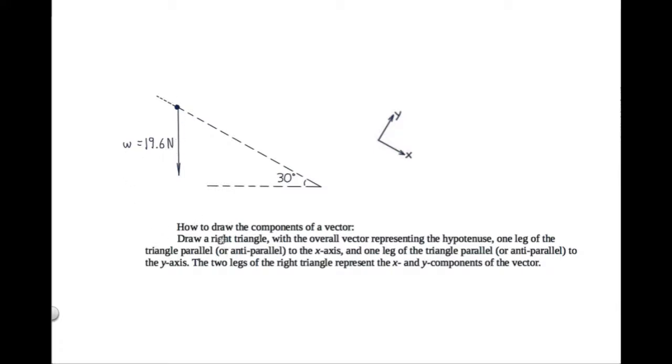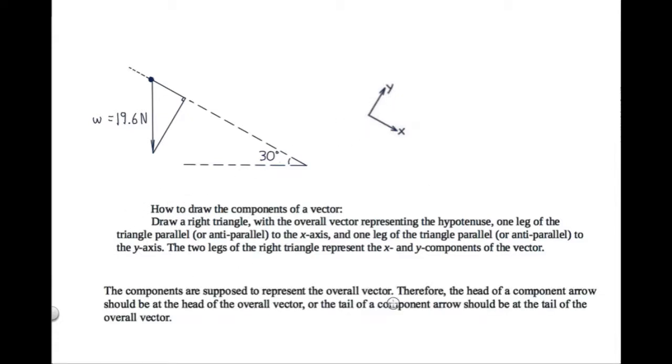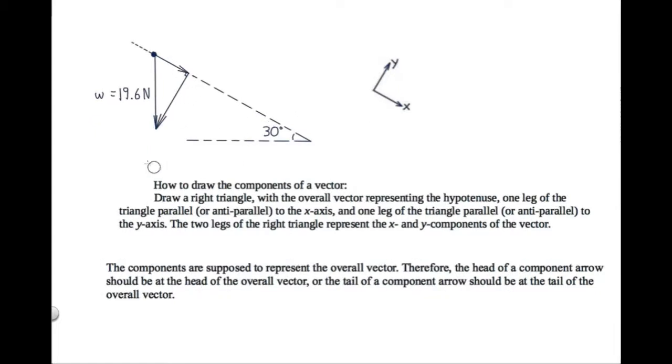Now we'll use this rule to draw the legs of the right triangle parallel to the axes. I drew this leg parallel to the x-axis, and I drew this leg parallel to the y-axis using this rule. Now we'll use this rule to draw the directions of the components. Where we have the head of the overall vector, that will overlap with the head of this component.